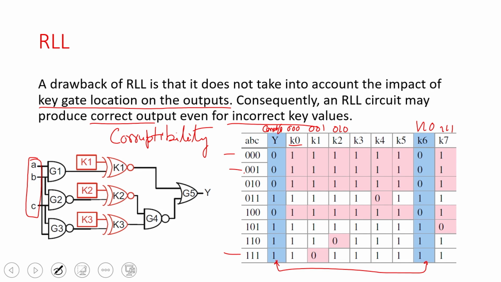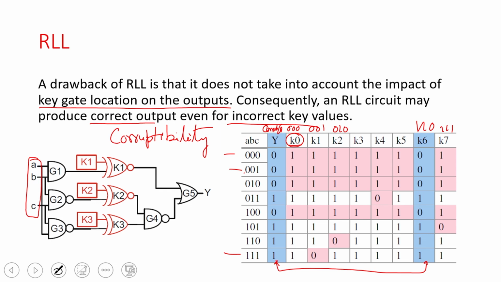But if you see the other values, if it is k equal to 0 0 0, it is producing wrong output in 50% of cases, right. Wherever it is white, that means the correct value, it is matching with the actual output, and whenever it is red, it is wrong output, the opposite output. So, what I am saying here is that if somebody selects k equal to 0 0 0, a wrong key, the corruptibility is 50%, understood.